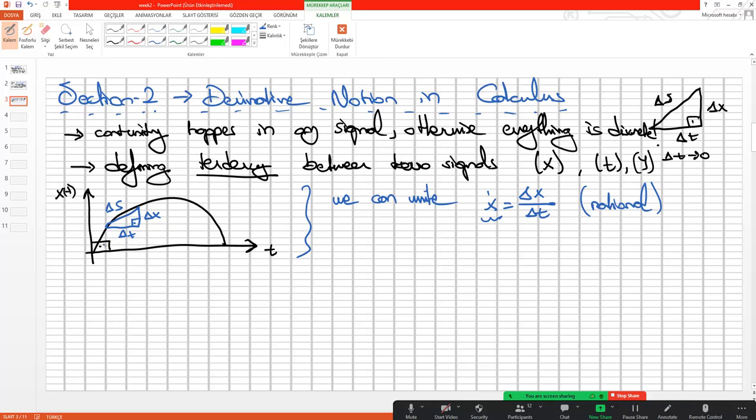But how can we define the delta t value to represent a physical identity? And so Newton just used this notion. If we use the limit operation in here, delta t goes to zero. And so this is the smallest part of the math of the universe, of the basis of the math in here.